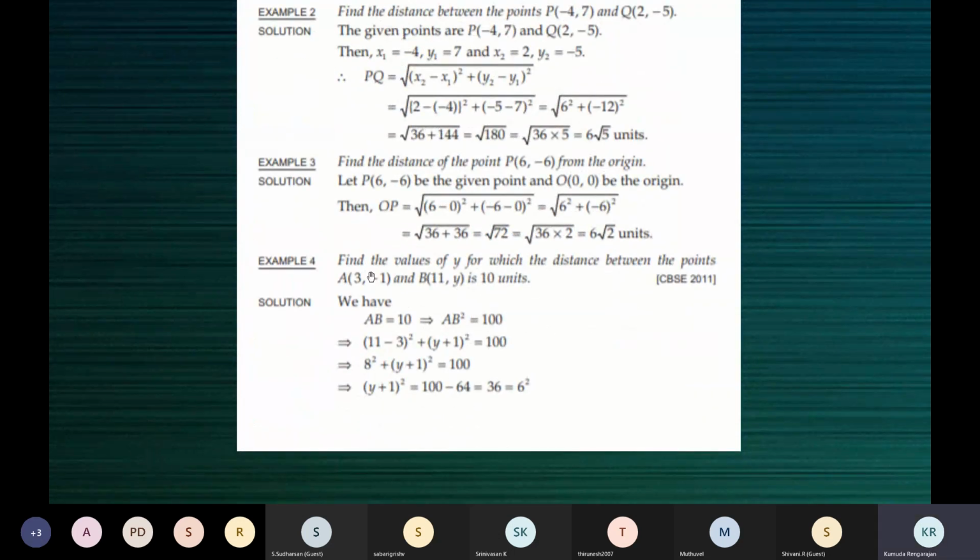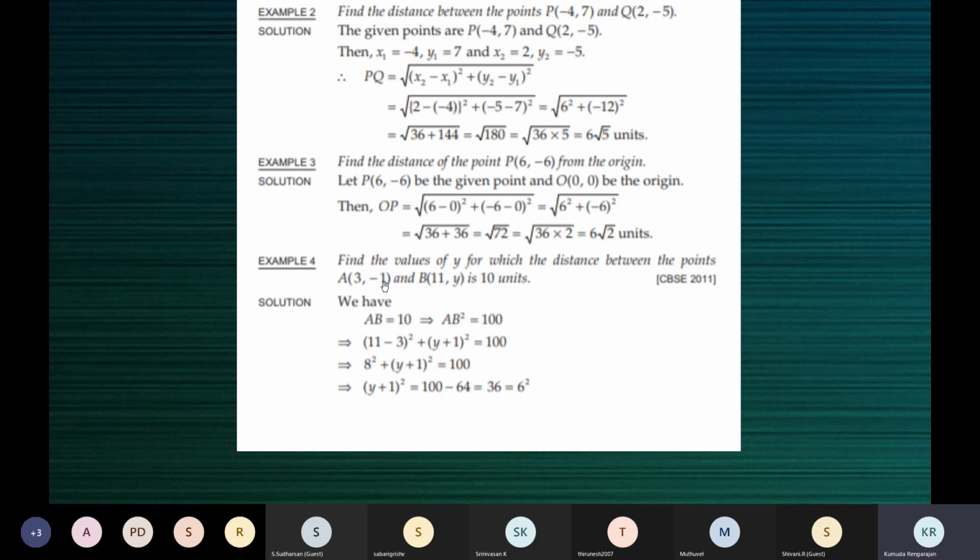So it is 3. So the difference between the x coordinates, you can write 3 minus 11 or 11 minus 3. There will be only 2 x coordinates, since we have 2 points. Subtract in any order, 3 minus 11 or 11 minus 3, both are fine. Square it.